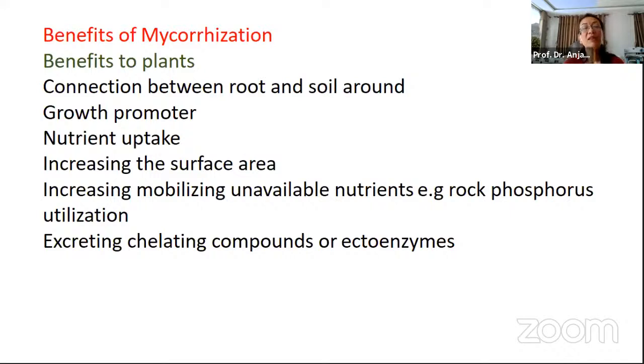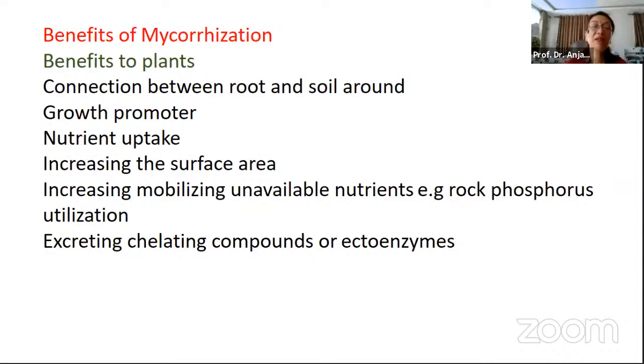Because of this, it will increase the mobilizing of unavailable nutrients, like the example I have already given, rock phosphates and their utilization, and also excreting chelating compounds or ectoenzymes. Sometimes enzymes are produced by other microorganisms like bacteria and other fungi.